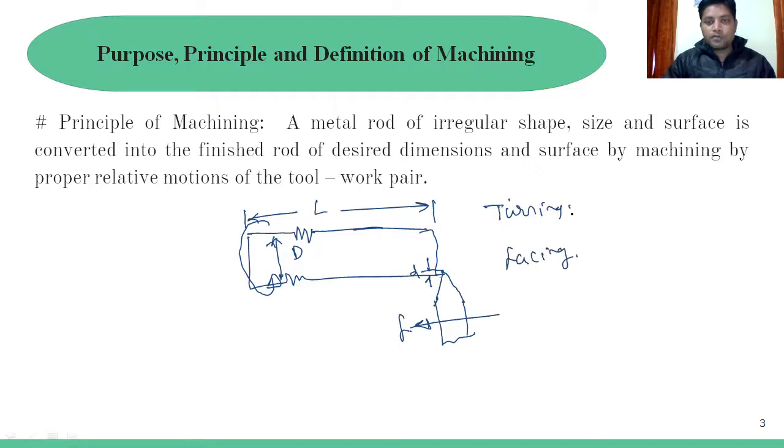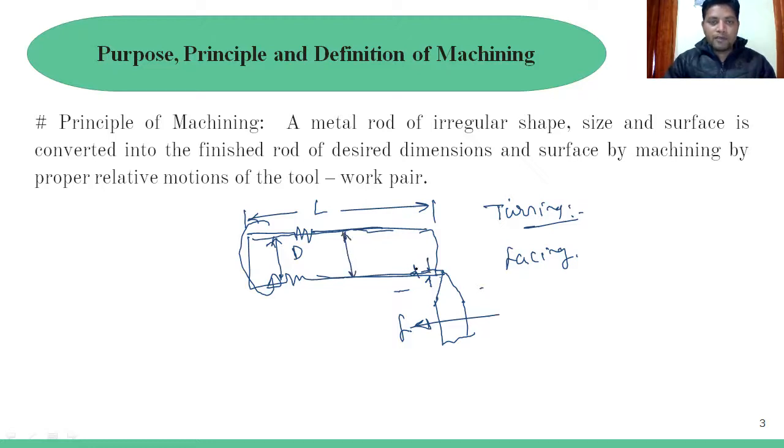In the case of turning, this is the process whatever we have discussed right here. So we are moving this tool in this direction, and this much amount of the material has been removed, from this side as well, because this is circular in cross section. So from both sides, whatever depth of cut we are taking, twice of that the material is removed from this diameter.